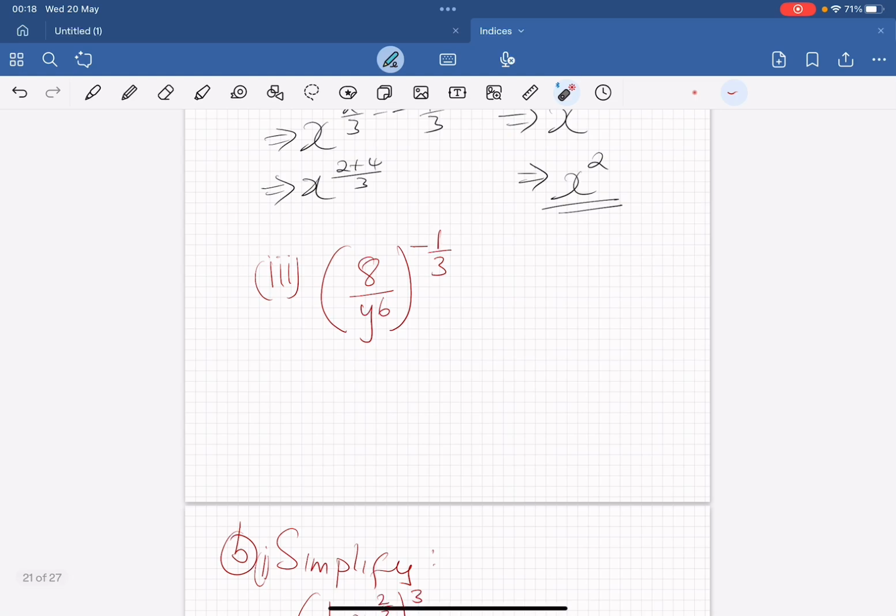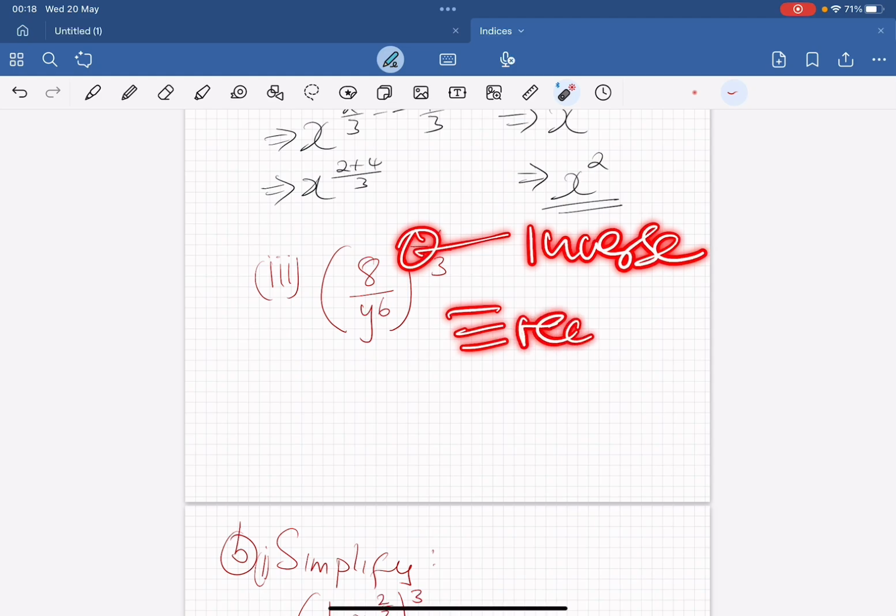Now, this question is saying 8 over y to the power 6, 8 divided by y to the power 6, all to the power negative 1 over 3. And I notice that the power is a negative. So the first thing that I'm going to do is to recall that this negative power just means inverse, and inverse means reciprocal.